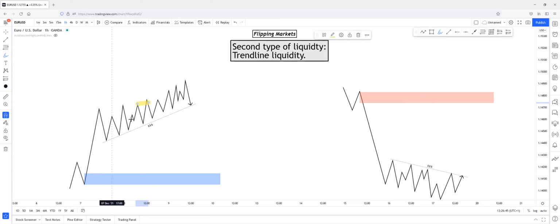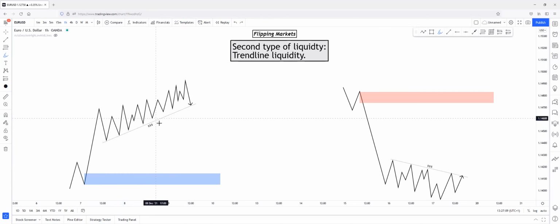So if price turns into this phase, we will call this a liquidity trend line because price is breaking structure to the upside slowly, creating some new highs, new lows, new highs, new lows, and these new highs and new lows will form a trend line, because retail traders call this a trend line, and they will open their positions on the trend line touches.